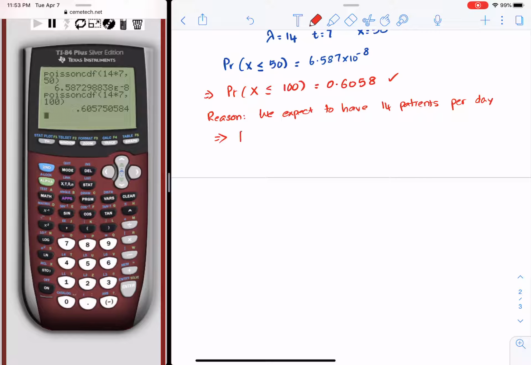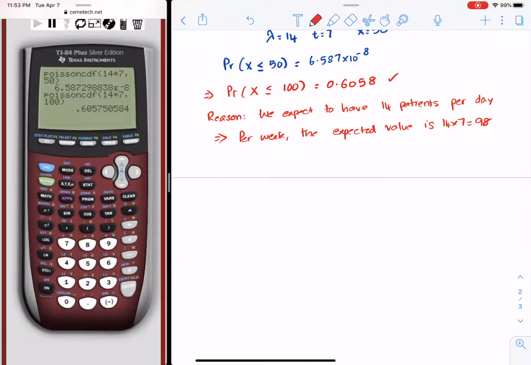This would imply per week, the expected value is 14 times 7, which is 98. So give or take, we would expect 98 patients.